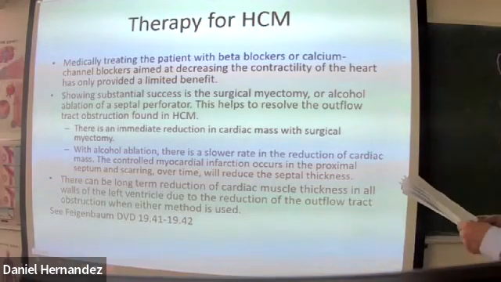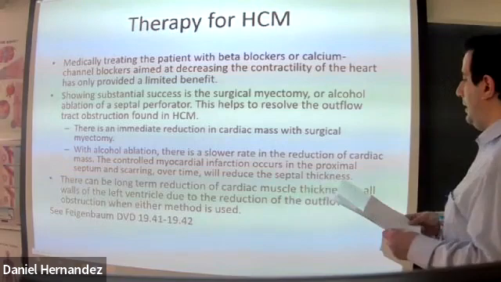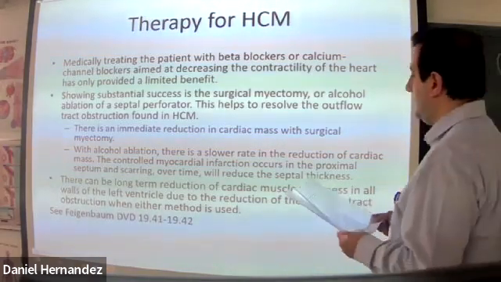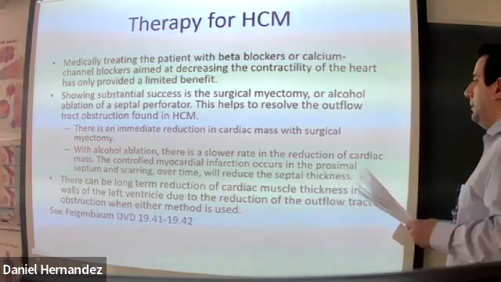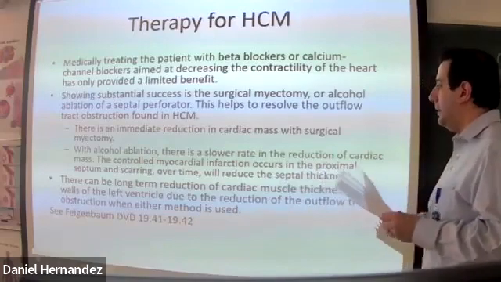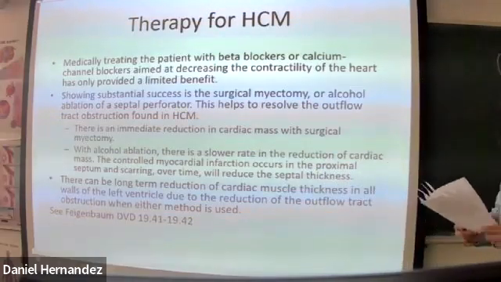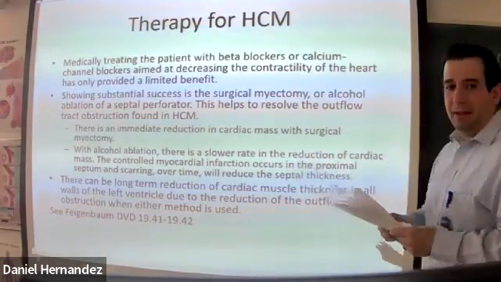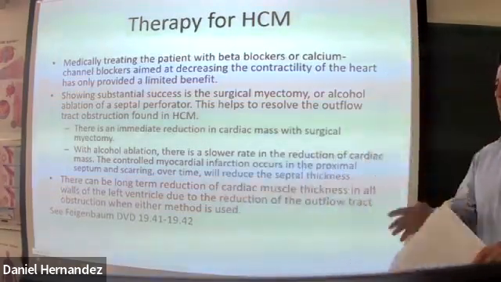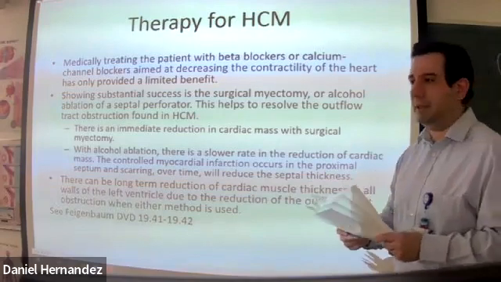Just be cognizant that these procedures could potentially mess with the cardiac conduction system. So we also want to be very careful when we're performing these procedures, either the alcohol ablation or myectomy, that we're not disturbing any of those nerve conduction bundles that are traveling through the heart.